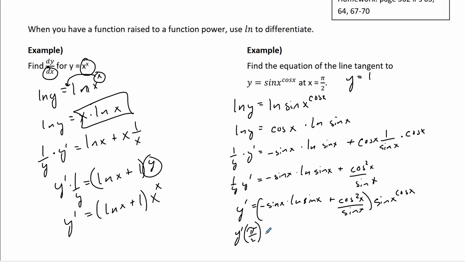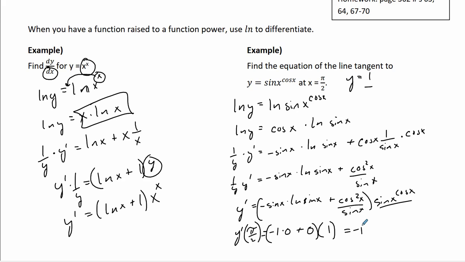So let's see what we get. Sine of pi over 2 is 1, negative 1. The ln of 1 is 0. So that's nice. Cosine squared at pi over 2 is 0, so it's 0 over 1 is 0. Times, and then this is 1 because we got that from up there, right? So it looks to be just negative 1. So my slope is negative 1, I think.